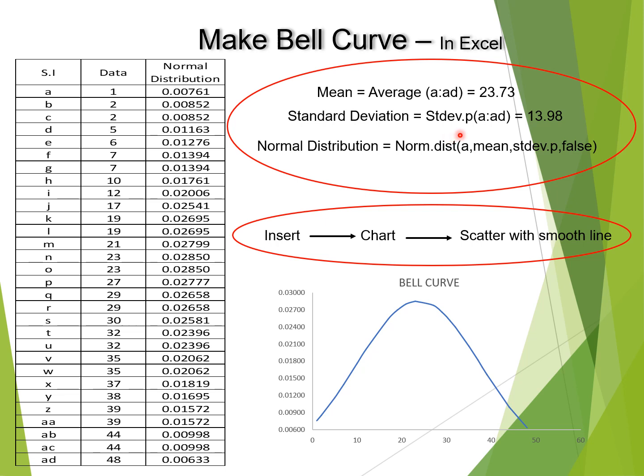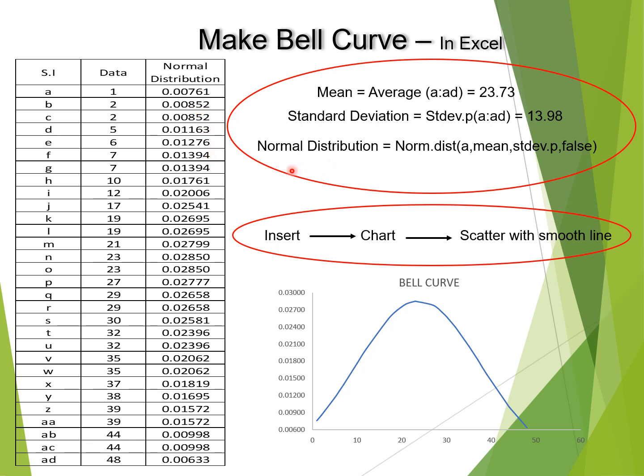We can use STDEV.S also if we have sample data, but we are taking population data, so STDEV.P A to AD. The standard deviation of this data is 13.98. Now we need to find the normal distribution of this data.